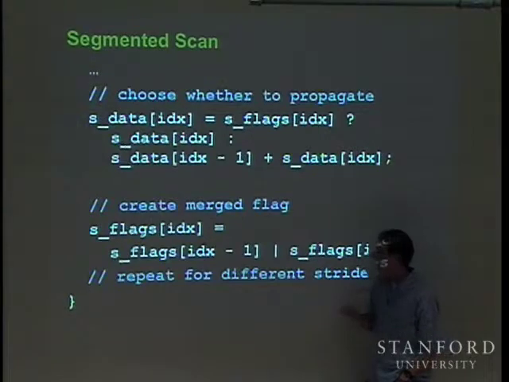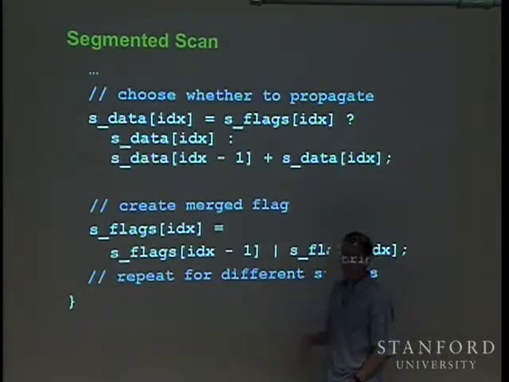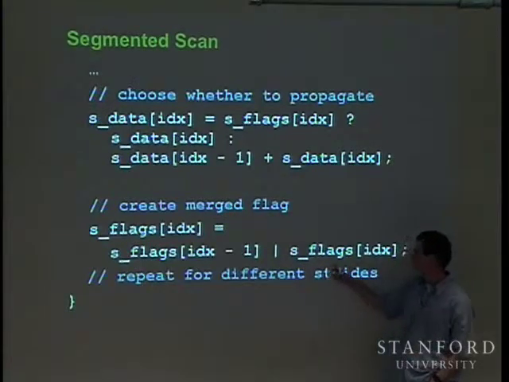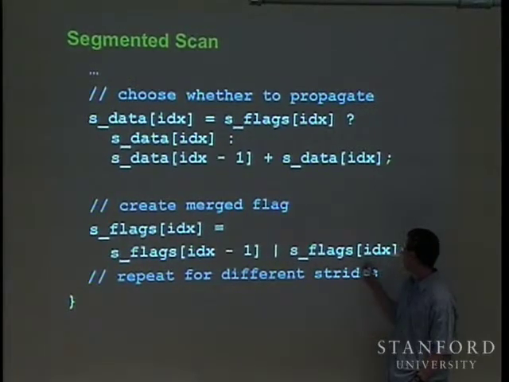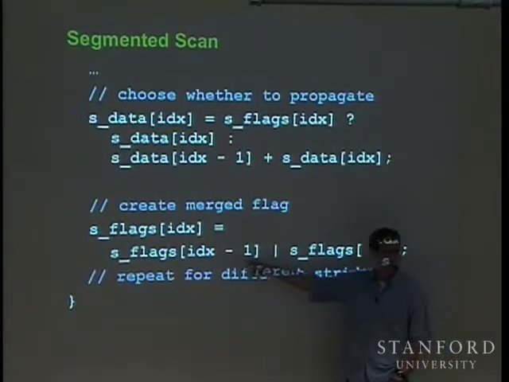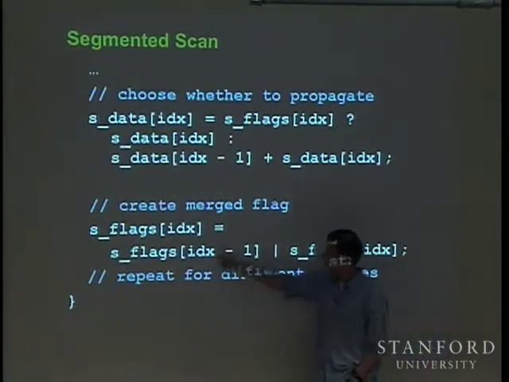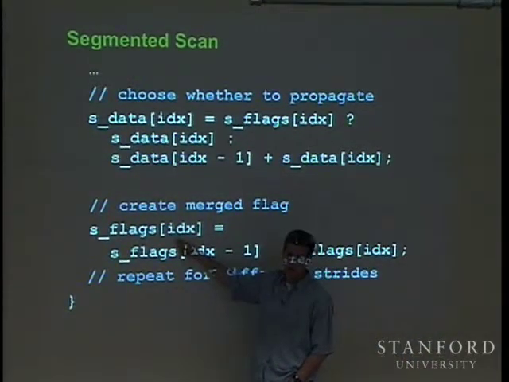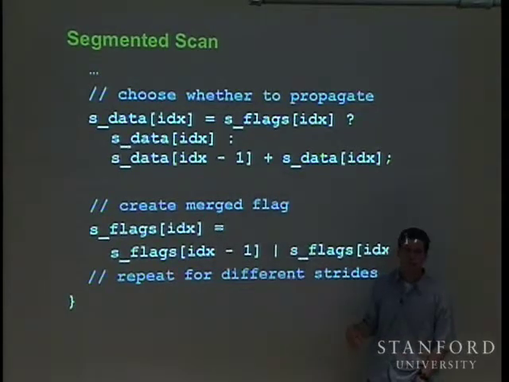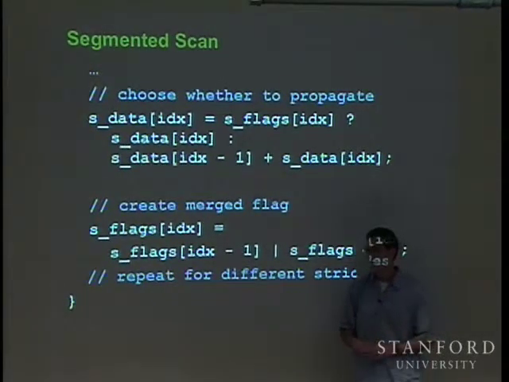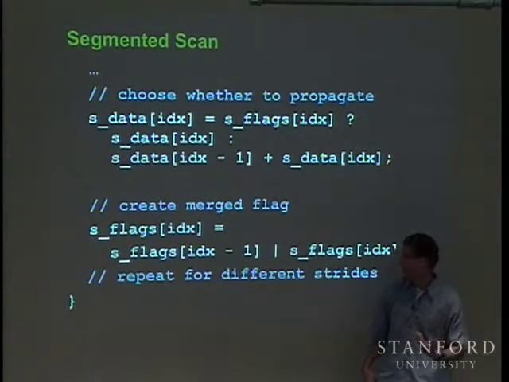At the same time, you're merging your flags as you go up, and that's basically a logical OR. If you don't remember from your class in C programming, this is logical OR. This is basically saying, is either one of these values 1? If either one of them is, you write 1 at that location. And here the offset is 1. The same way as with scan, you increase your offsets always by a factor of 2, and you do a downsweep and then an upsweep.